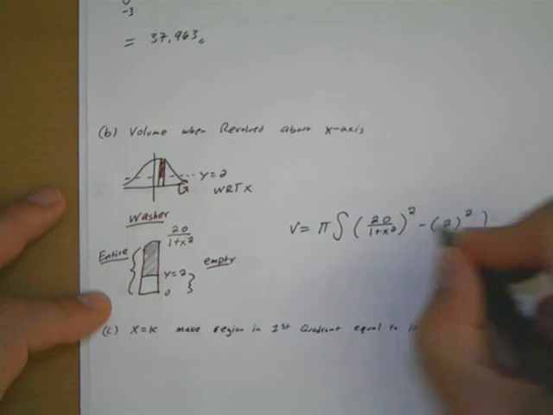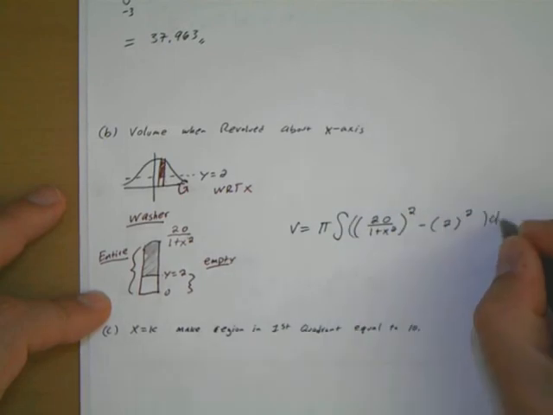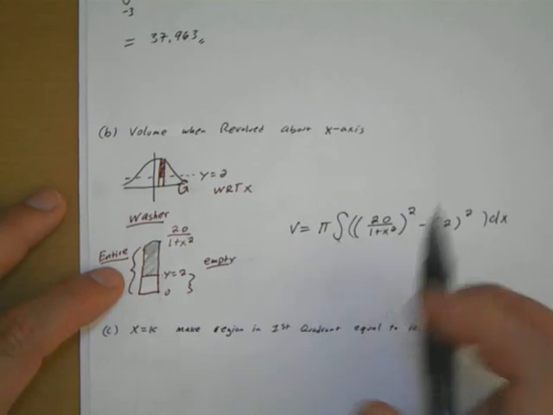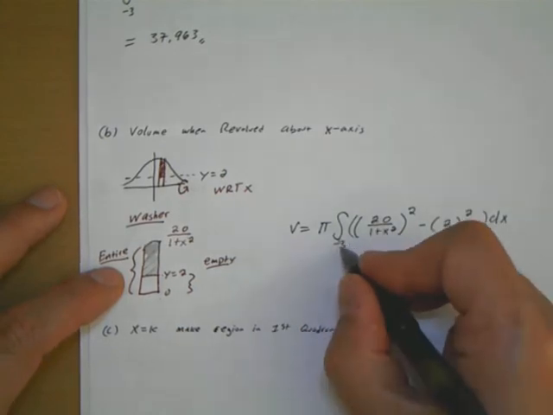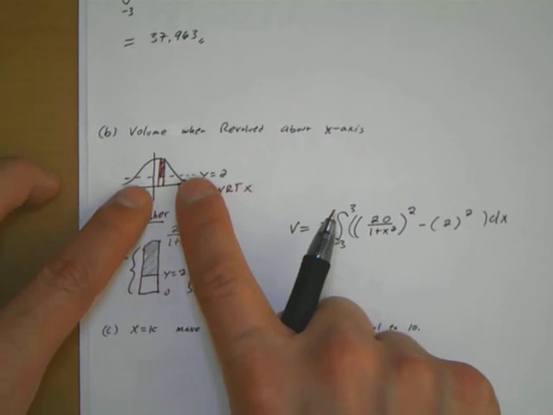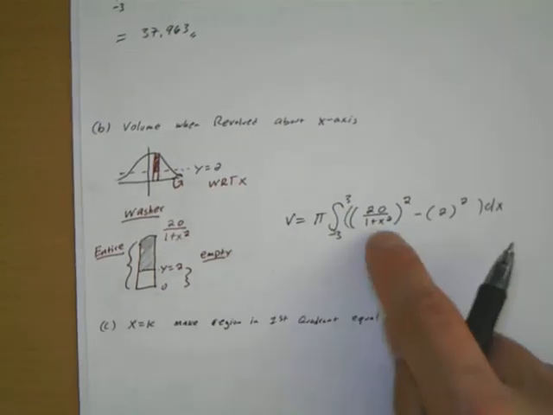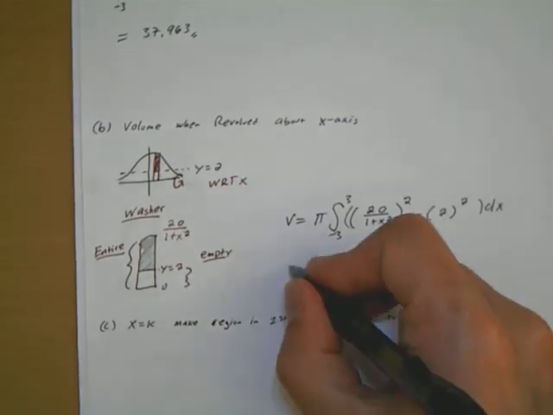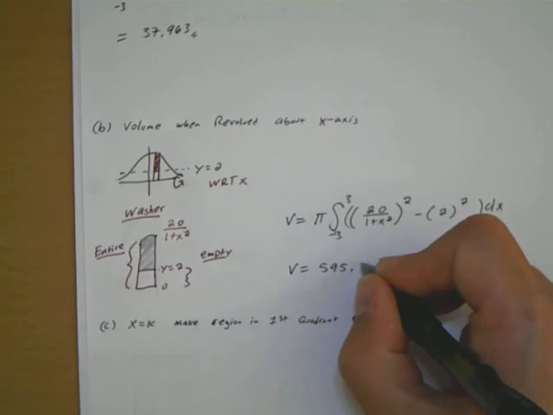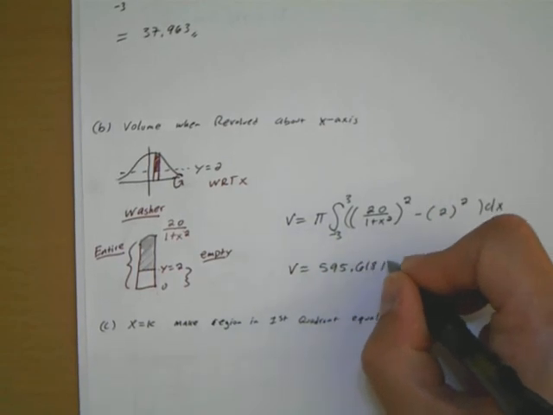All of that is with respect to x. The lower limit is the same as part A, which is going to be negative 3, and then positive 3 for your limits. And then you just punch this up on your calculator, and the volume is going to be 595.618 times pi.